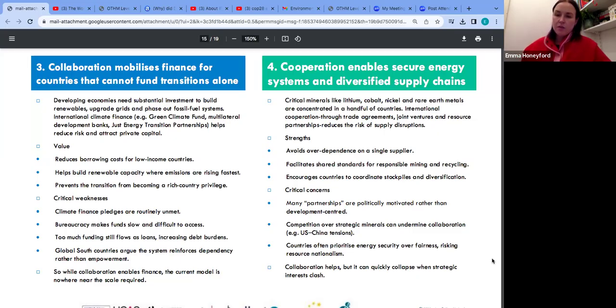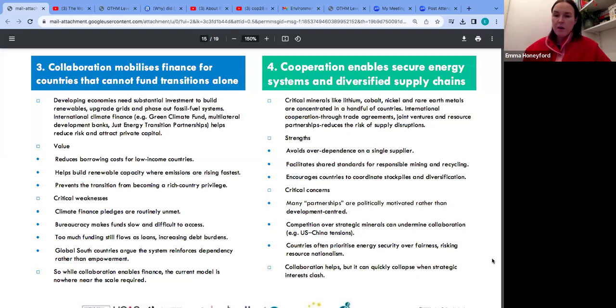International cooperation through trade agreements, joint ventures and resource partnerships reduces the risk of supply disruptions. The strengths of this: it avoids overdependence on a single supplier and facilitates shared standards for responsible mining and recycling.